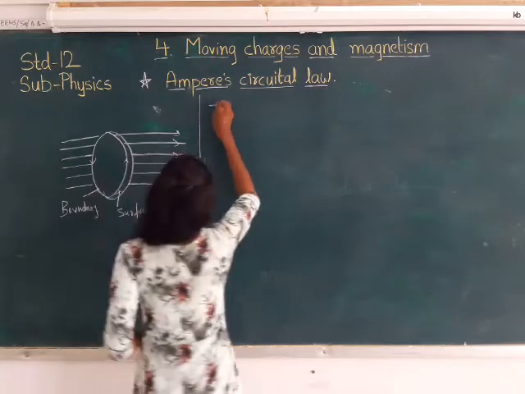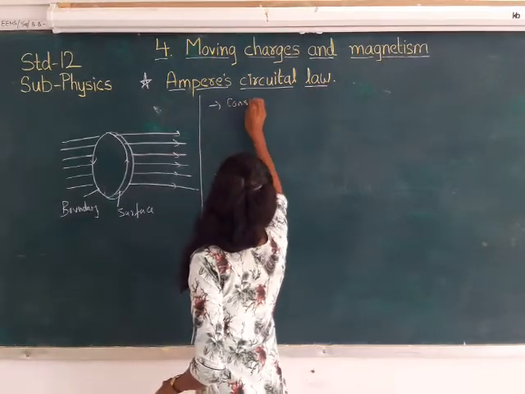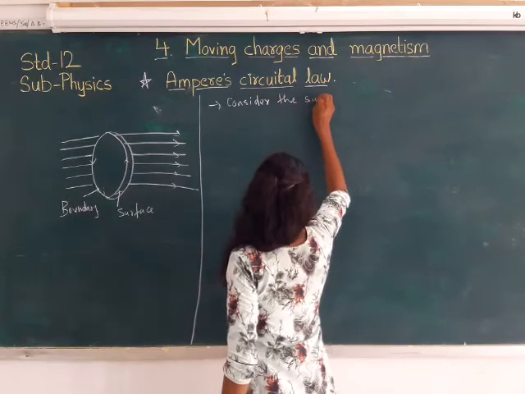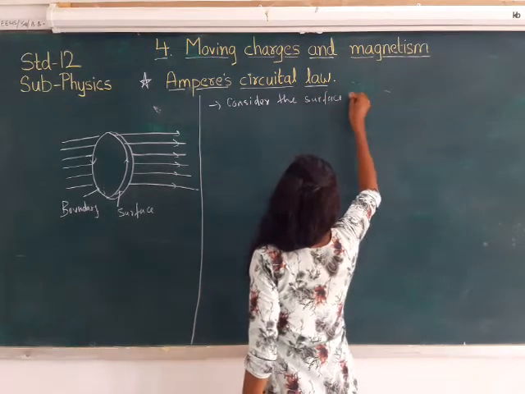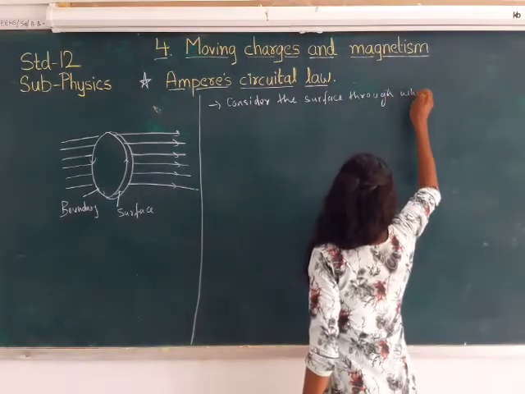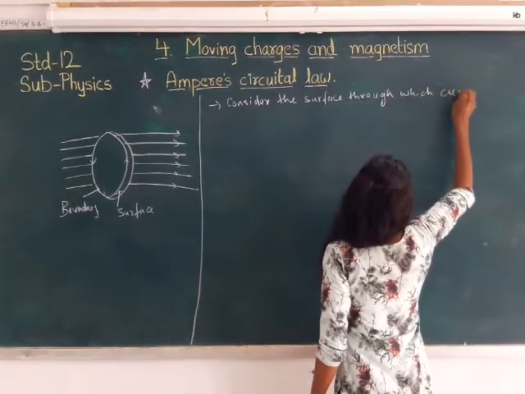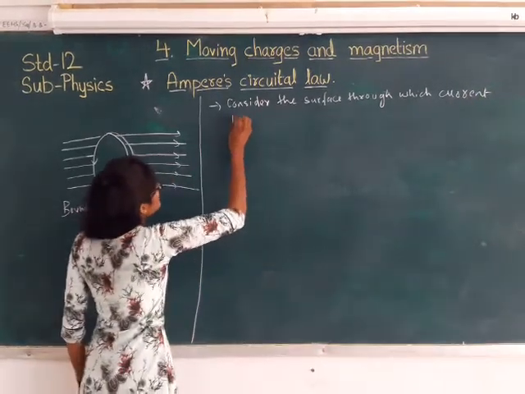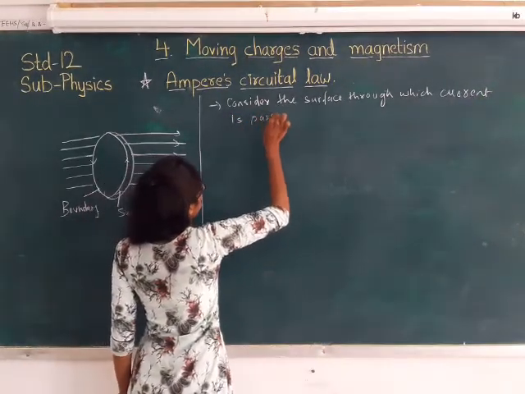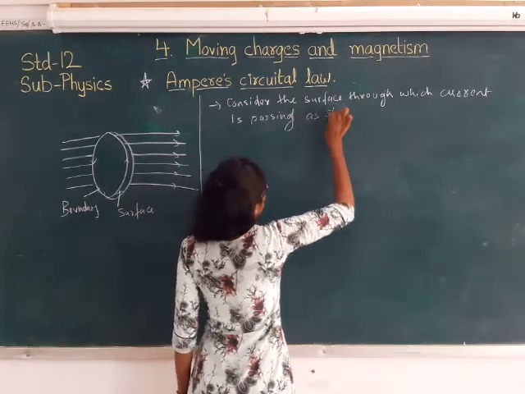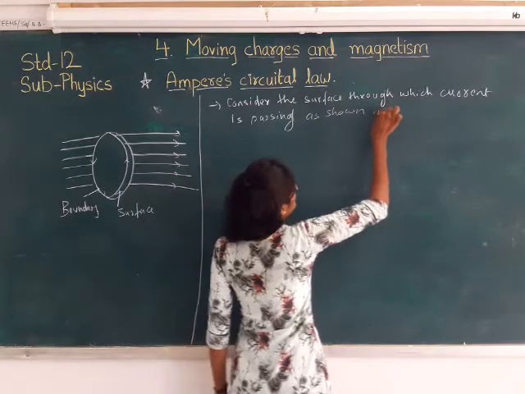So consider this surface through which current is passing, as shown in figure.